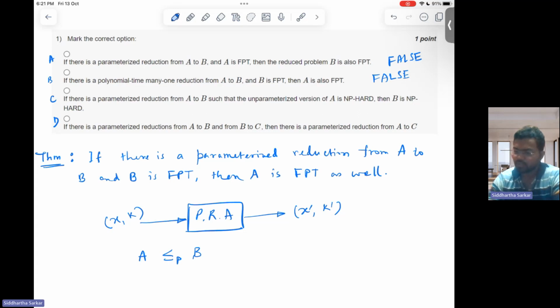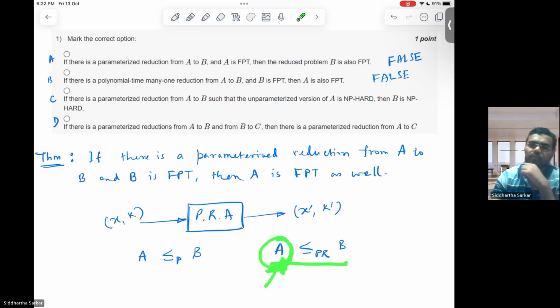So let me write a parameterized reduction with this symbol, less than equal to sub PR. So if there is a parameterized reduction from A to B such that the unparameterized version of A is NP-hard, then B is NP-hard.